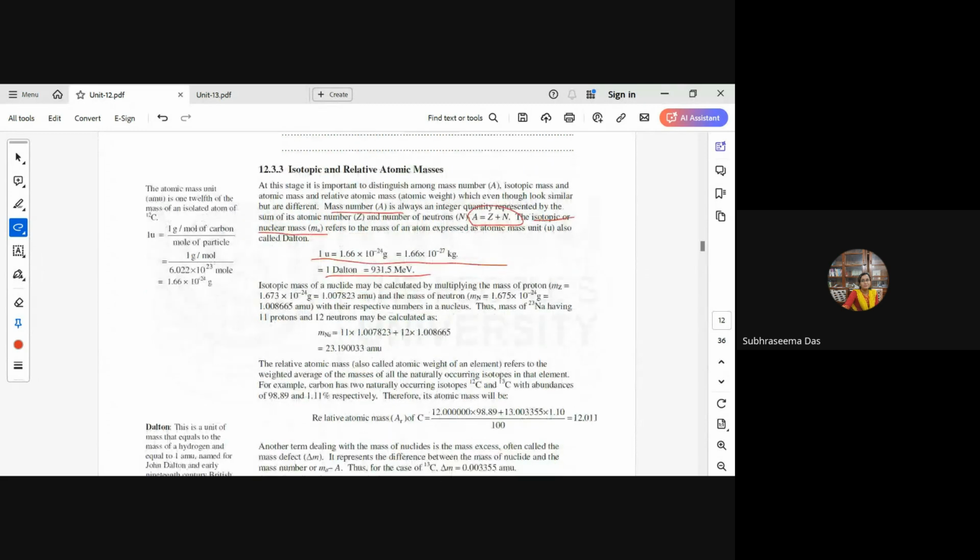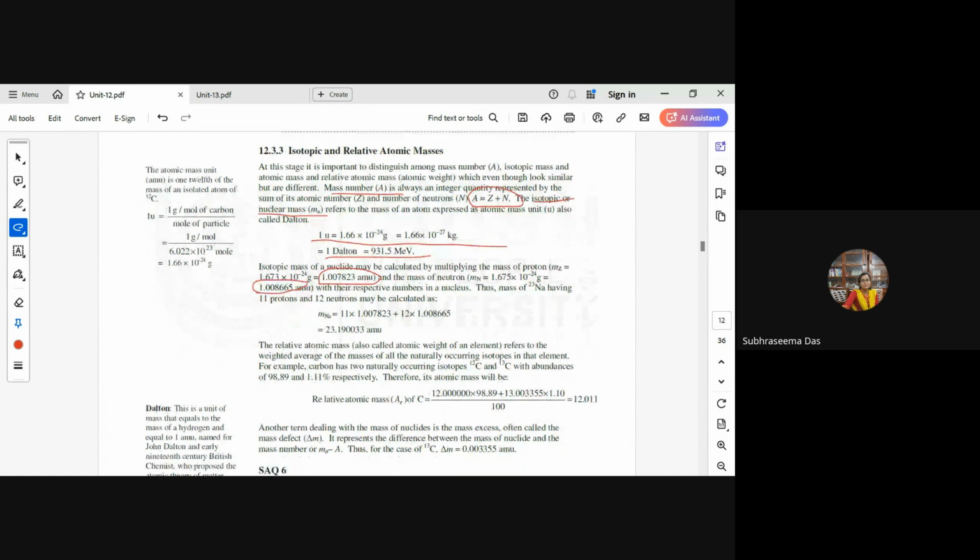Now, the isotopic mass is calculated by considering the mass of the proton, which is 1.007823 AMU, and also the mass of the neutron, which is 1.008665 AMU. Let us calculate the mass of sodium 23.